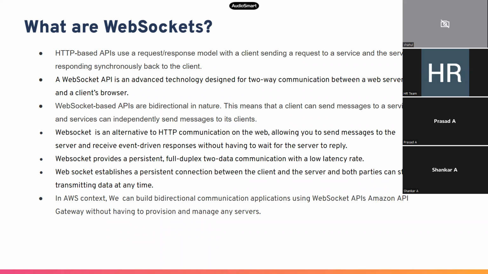Let me give you the sequence of events. Initially, we used the Vertex event bus. The flow of the Vertex event bus is like this. From the UI, clients subscribe to this event bus to receive events.